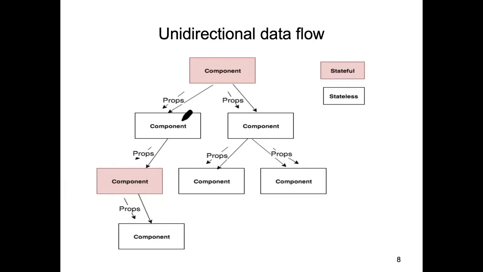Now, we don't know what this app displays on the screen, but it could be the case that when this component re-renders, it does some sort of computation, and maybe based on that computation, it decides, I don't want this component to appear at all, to contribute anything to the UI. In other words, I want whatever this component displays on the UI and all of its children to disappear from the screen.